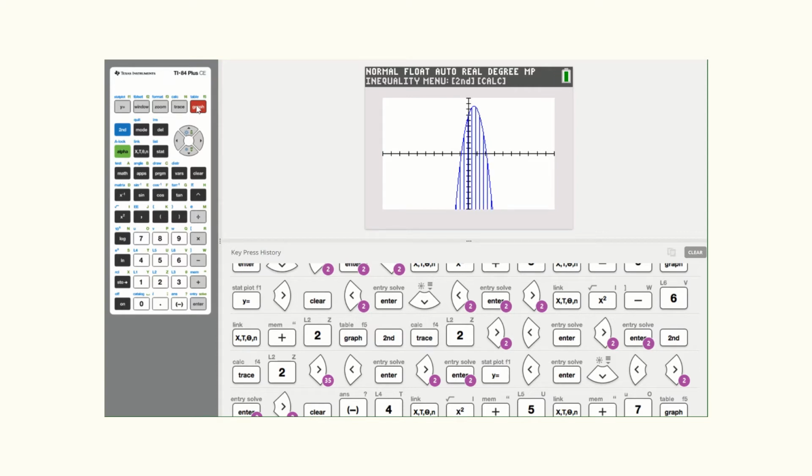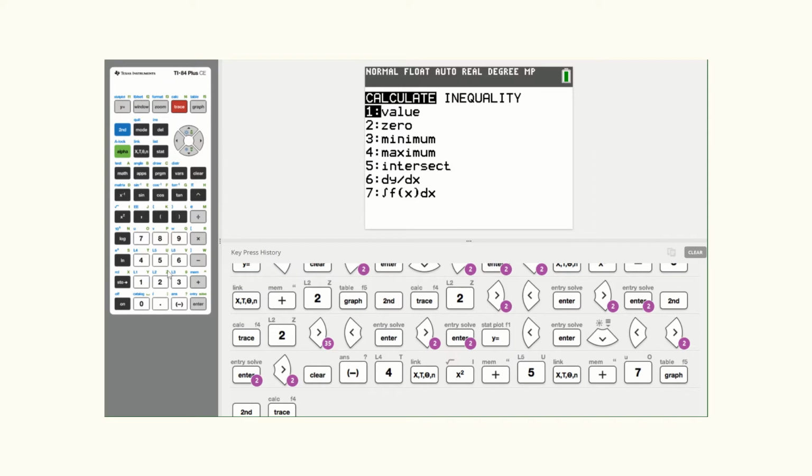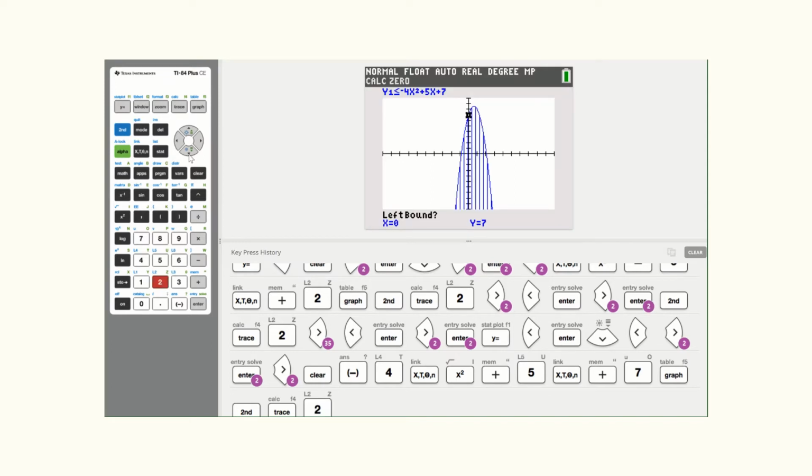All right. So now what have we got? Well, it's going to be in between this. It's going to be an and statement. Again, I can't exactly see where my zeros are, but I know it's going to be an and statement, not an or statement. But I can find my zeros the same way. I'm going to go second trace, choose option 2. I want to find the zero. I want to move this to just below the x-axis and hit enter.